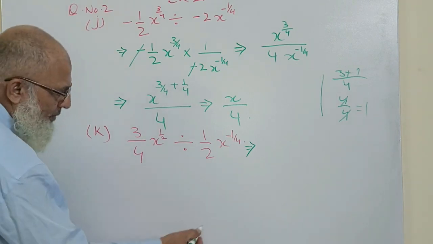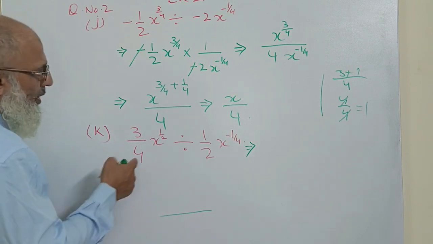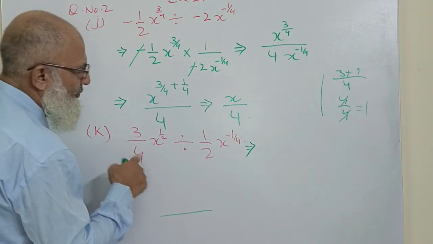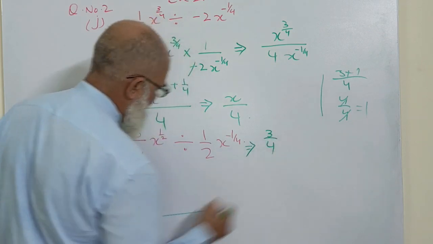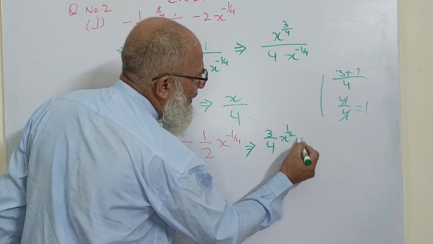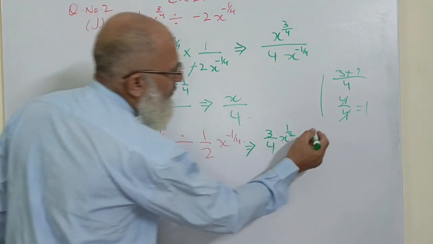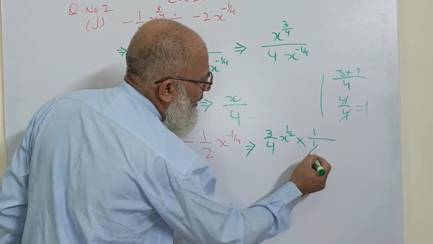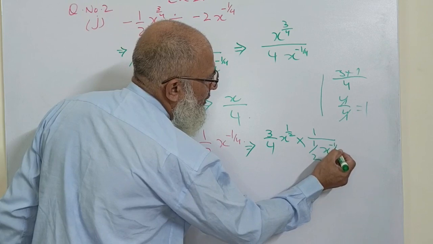I think till here it is visible to you. It will become 3 by 4 x half multiplied by 1 divided by 1 by 2 and minus.